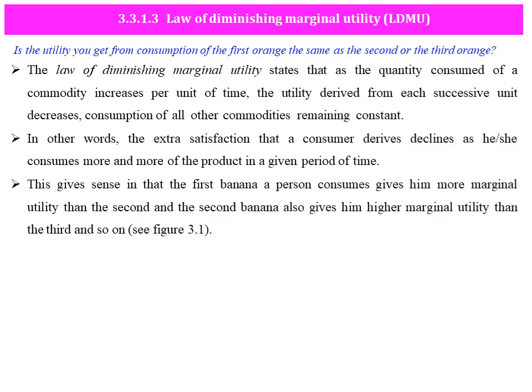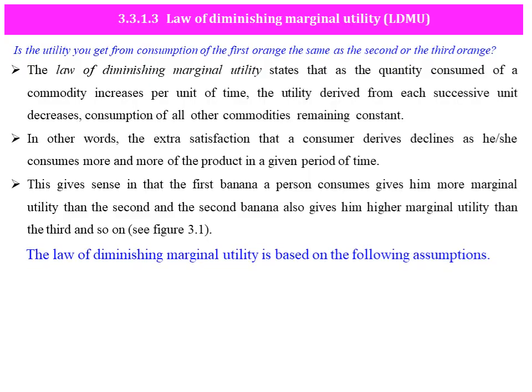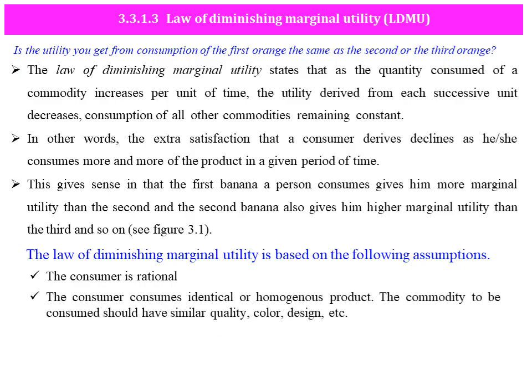This gives a sense that the first banana a person consumes gives him more marginal utility than the second banana, and the second banana also gives him higher marginal utility than the third, and so on. You will see this in figure 3.1. The law of diminishing marginal utility is based on the following assumptions. The first one is that the consumer is rational.